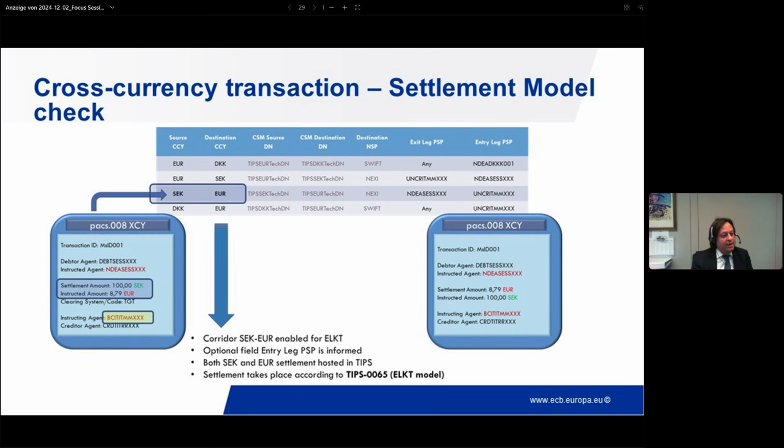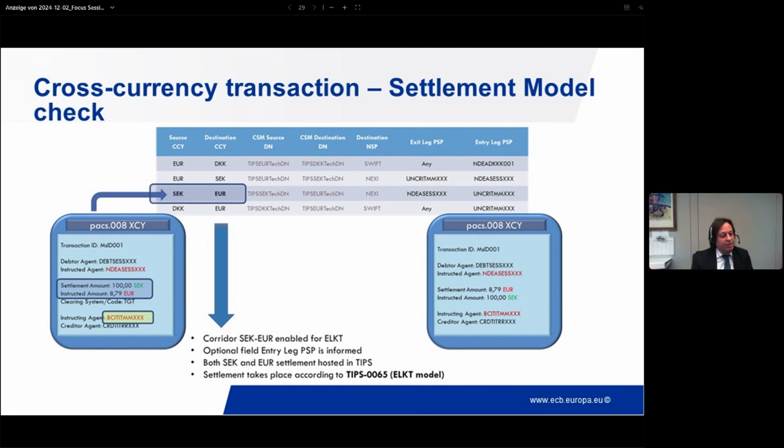The instructed agent is mandatory, whereas the instructing is optional. But still, there might be cases where the instructing agent is there in the message since the beginning, because the originator PSP received the information from his counterpart, from his intermediary.